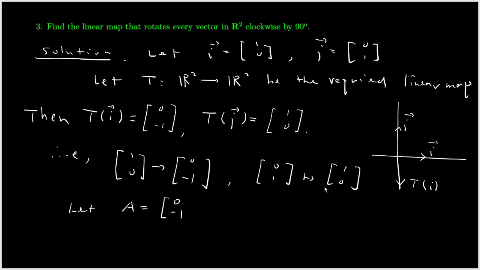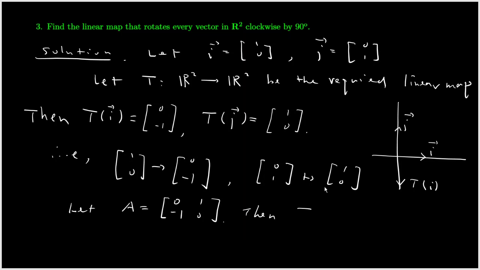The second column has (1, 0). We set A to be that. After getting the matrix, a matrix can determine a linear map. A will determine a linear map.